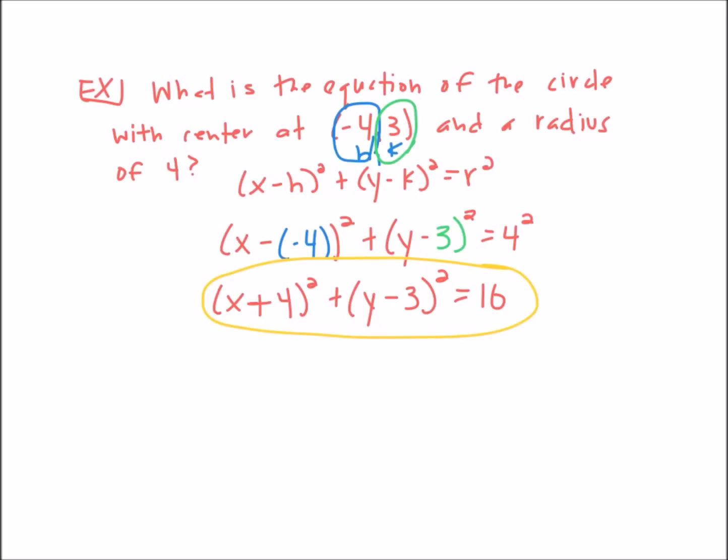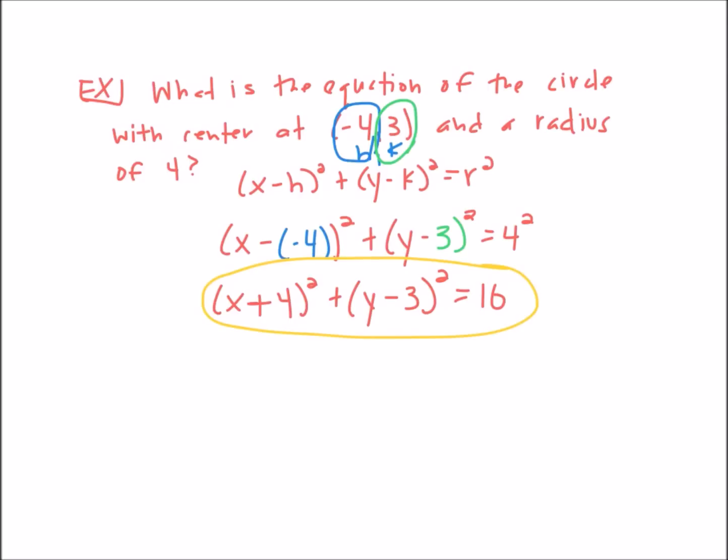Okay, we can also use this when we are talking about transforming a circle. So our standard form is x minus h squared plus y minus k squared equals r squared. But there are a lot of occasions when we would talk about a circle that is actually centered at the origin. Well, if I'm centered at the origin, then that center point is (0, 0).